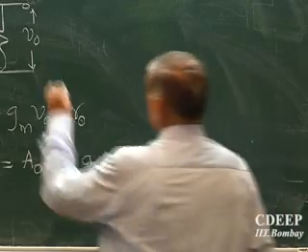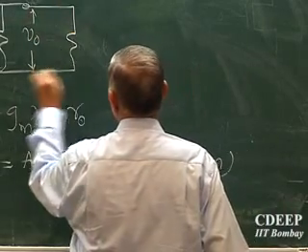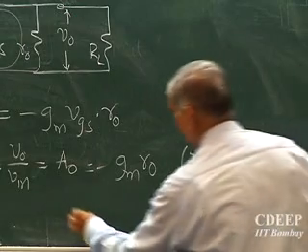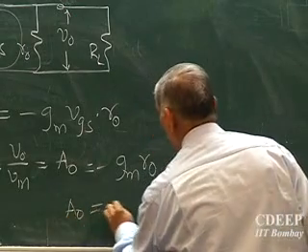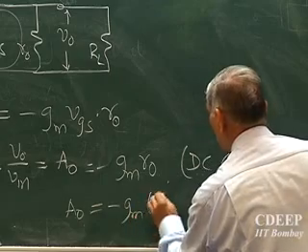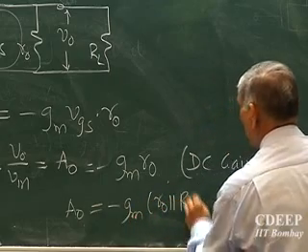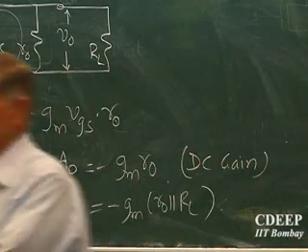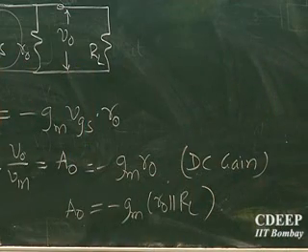In case there is a load resistance here, RL, what will change? Net gain then is minus GM times RL. Or if there is any other capacitor, it will be in parallel to that itself. Is that okay? Is that clear?